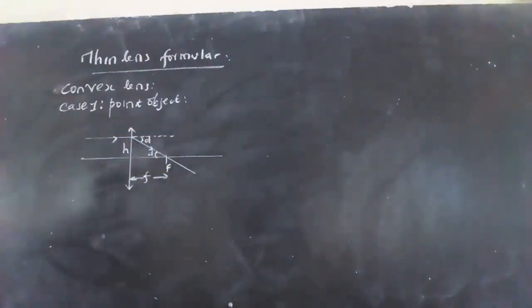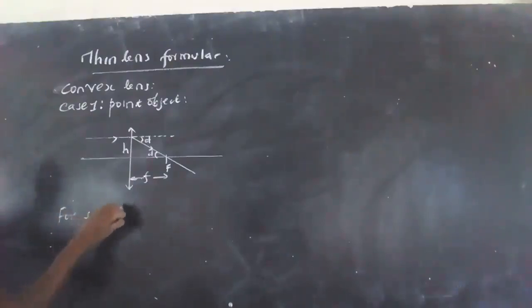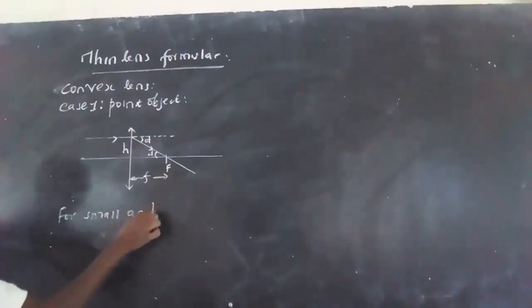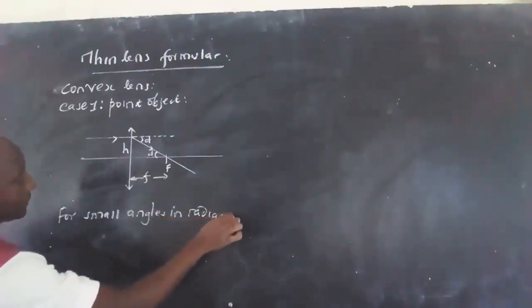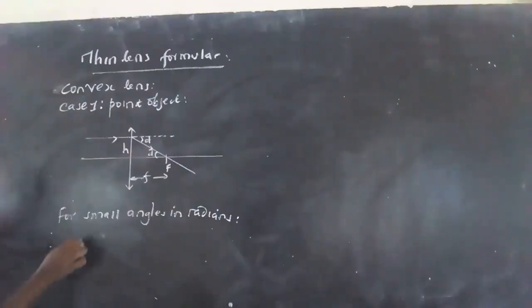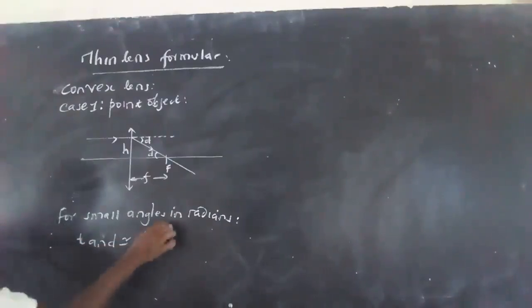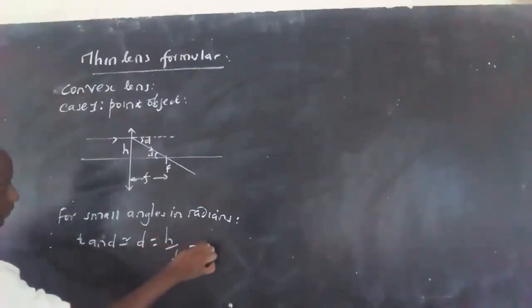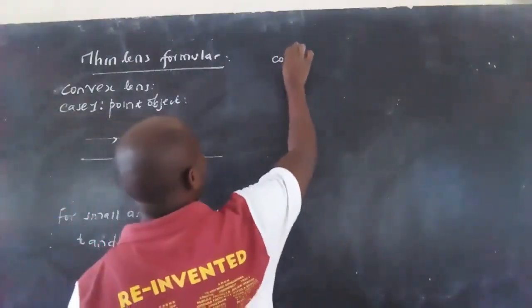Then we shall say, for small angles in radians, tan of d is approximately equal to d, which is equal to h over f. Equation 1.